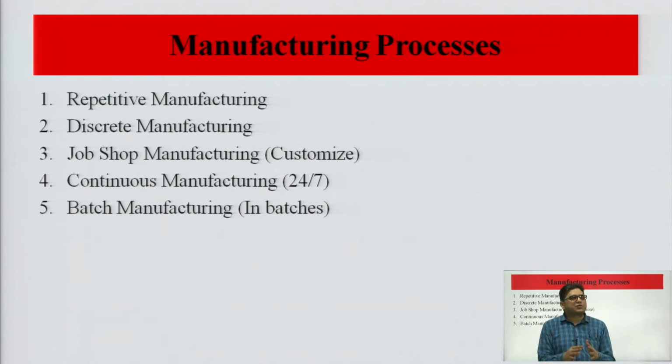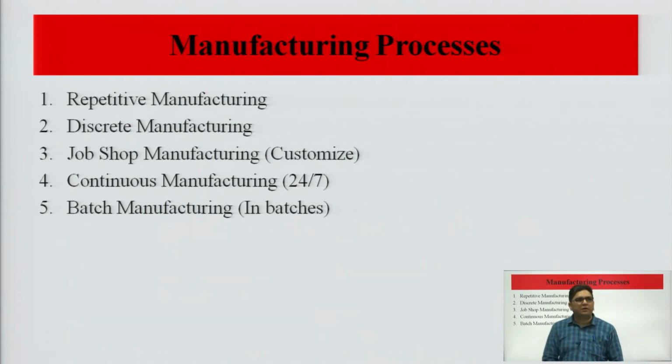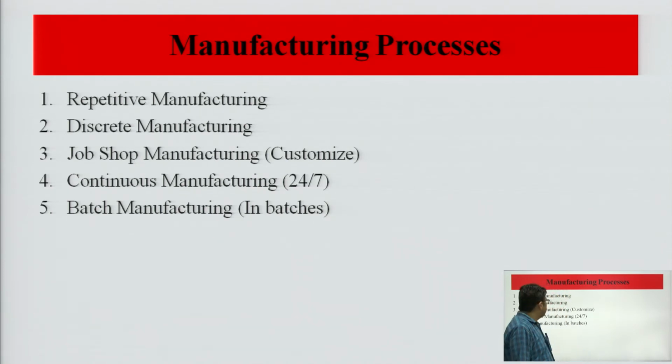The same mechanism, same machinery or equipment is going to be used. So, probably the organization is in a position to reduce cost and improve productivity, because over a period of time they are not supposed to change their setups or framework.